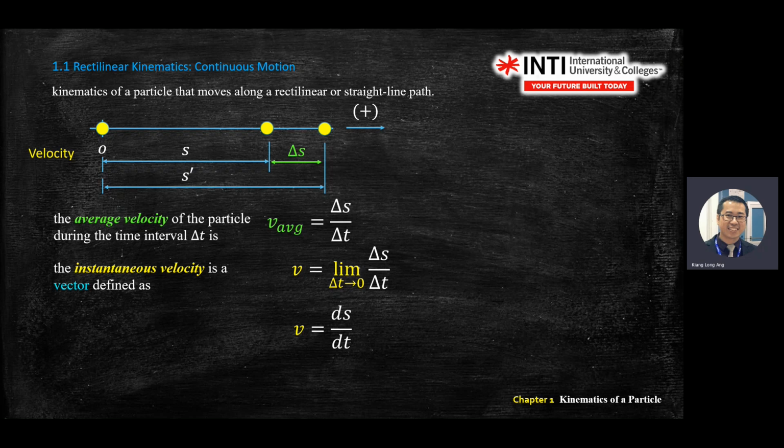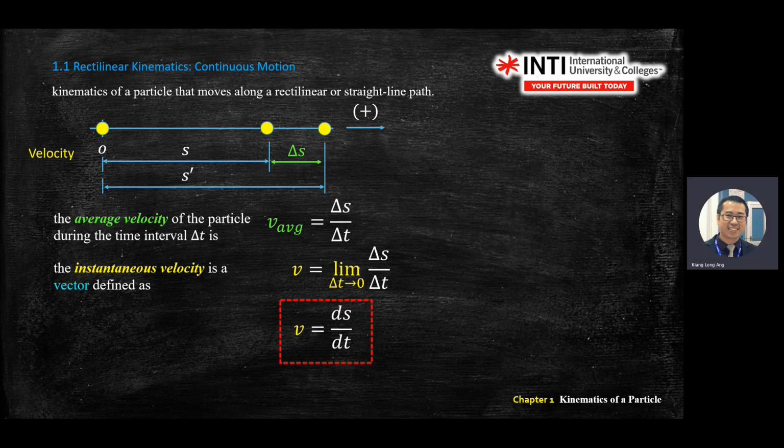If you see d, it means you can measure, things that you can quantify. So we have two definitions. One is average velocity, one is instantaneous velocity. So be careful in your answer during the assessment. Don't simply use delta and don't simply use d.